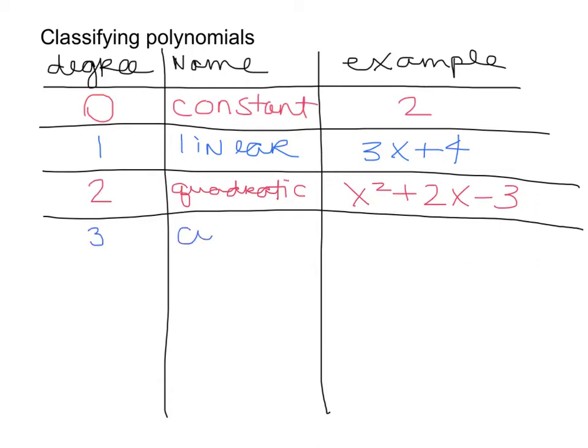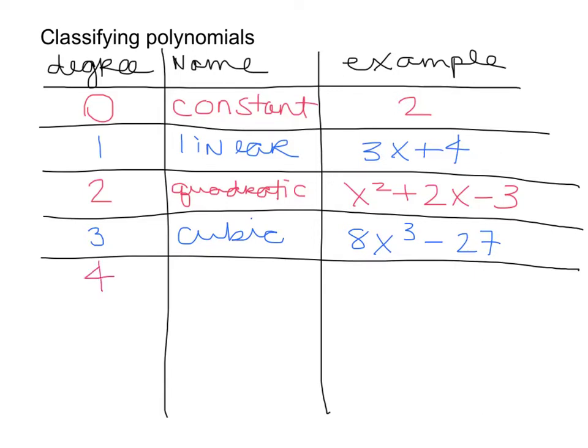A degree of 3 is considered cubic. An example of something cubic is 8x cubed minus 27. The highest exponent is a 3. With a degree of 4, this is called quartic. And an example of a quartic polynomial could be x to the 4th minus 16.